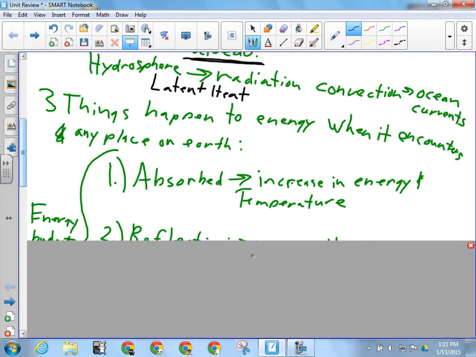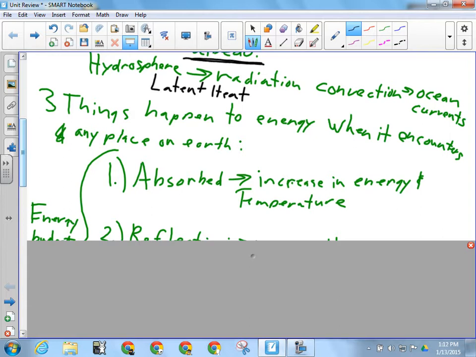We also said it could be reflected. If it's reflected, will there be a change in energy then? What do you think? Remember what we talked about? If you don't wrap the baked potato in the right side of the tin foil, it had a shiny side and a dull side. If you reflect away all the energy, do you absorb any of it?